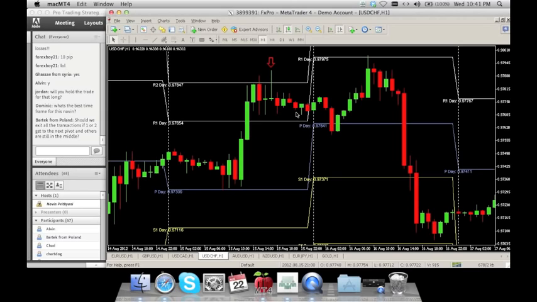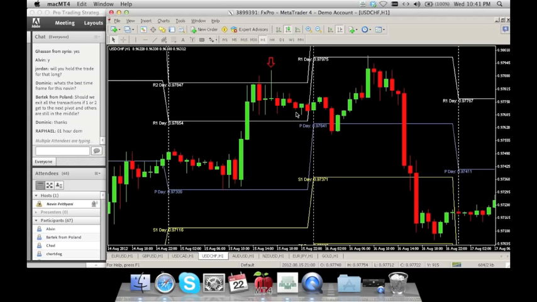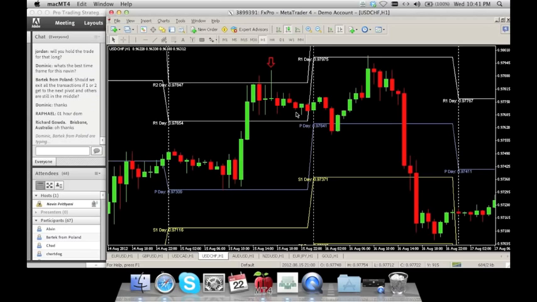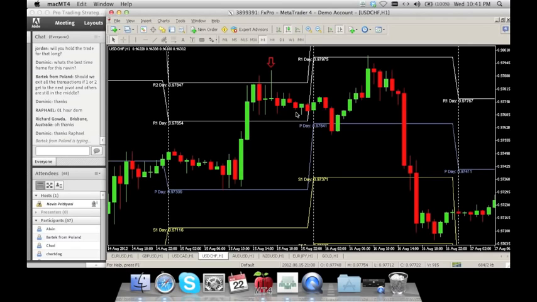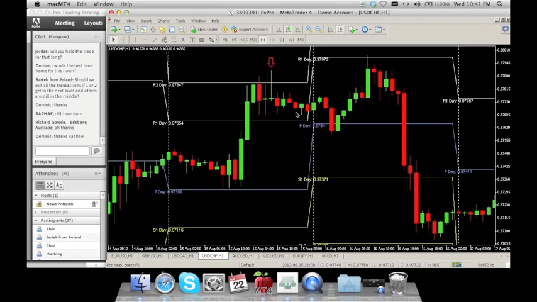Okay. Bartek, should we exit all the transactions if 1 or 2 get to the next pivot line? Yes. You enter them all together, you exit them all together. Never treat them separately. So when you do something like this, most pairs will go very quickly in your favor, and the other pairs will be lagging behind. 1 or 2 might even be negative.